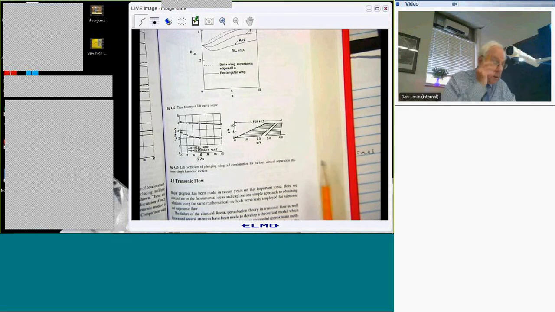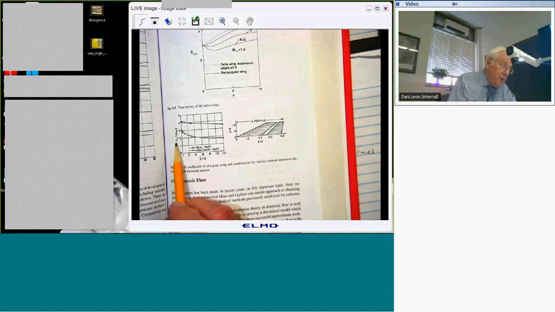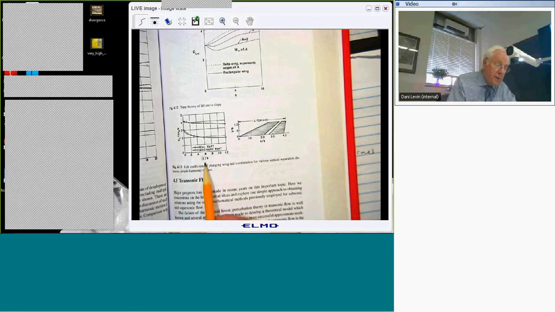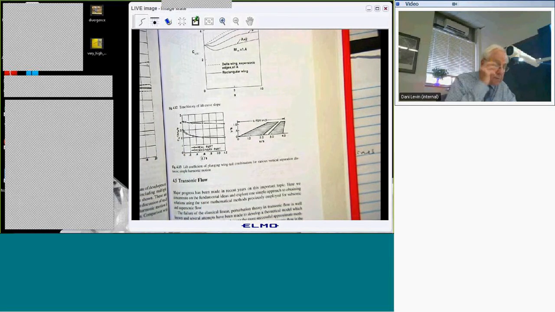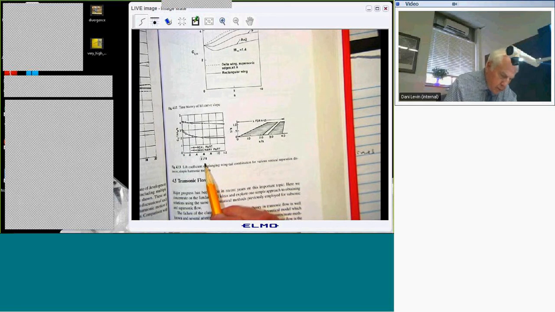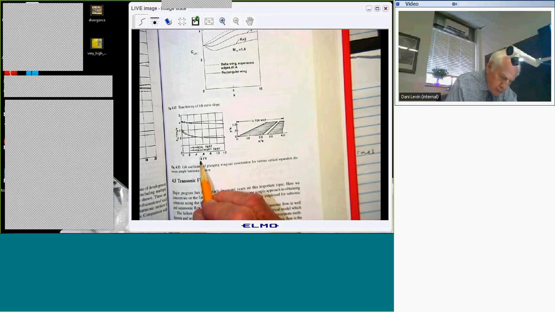And let's see, I didn't write down the Mach number. Hopefully it's an original reference. But anyway, so that's the configuration. Over here we're plotting lift normalized versus distance. In this case, it's distance x. Where's z?